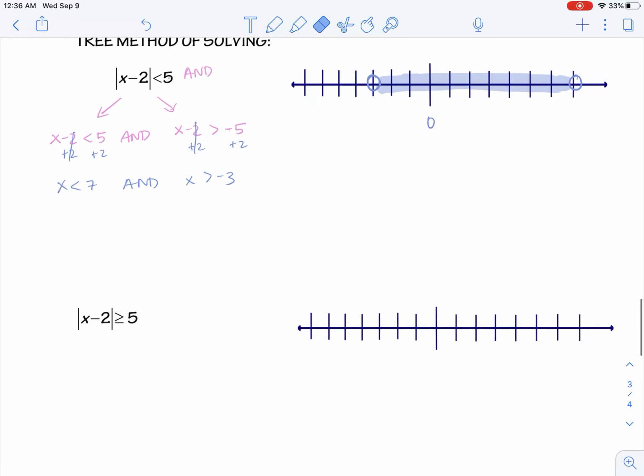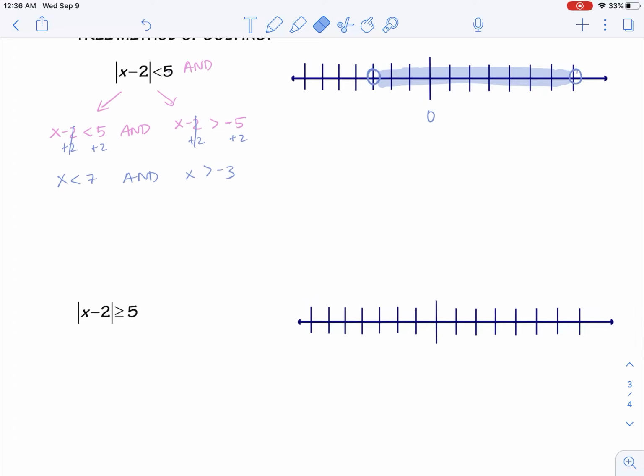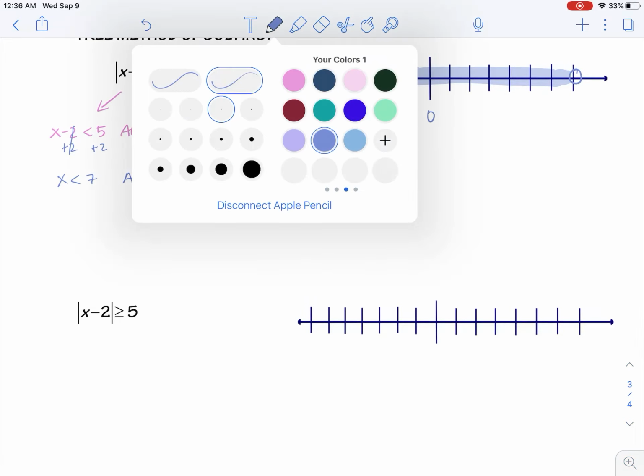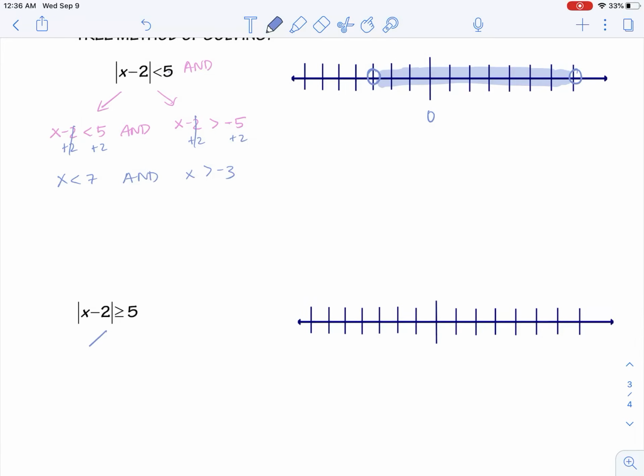So the last one, you hopefully distinguished that it was or. This one has the equal to, so we're going to color in our circles. And we are just going to quickly, x minus 2 is greater than or equal to 5, or, and we're going to solve again for its opposite. So when you do that, that's why everything switches.